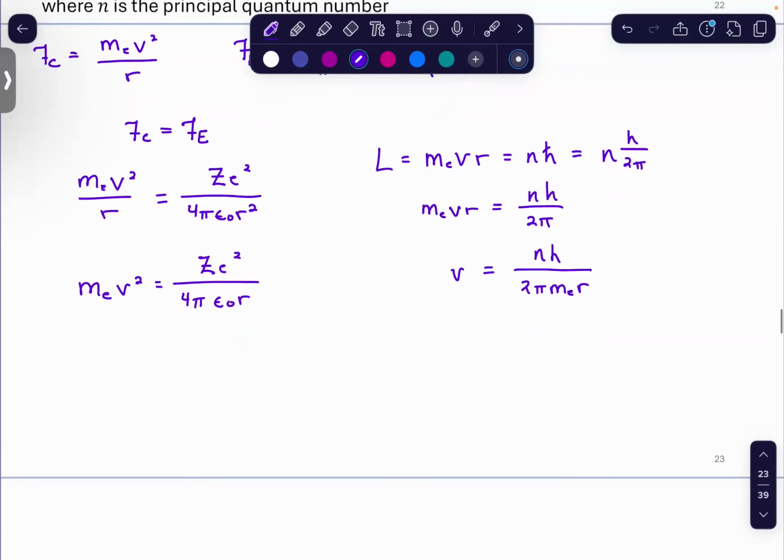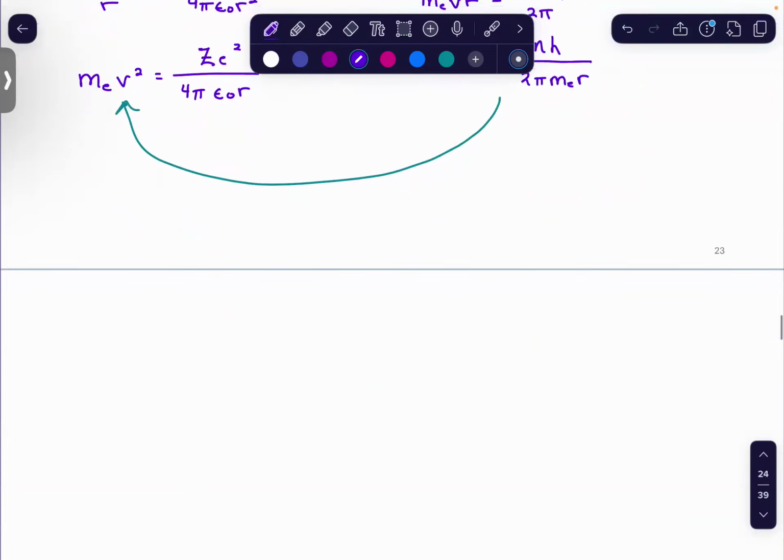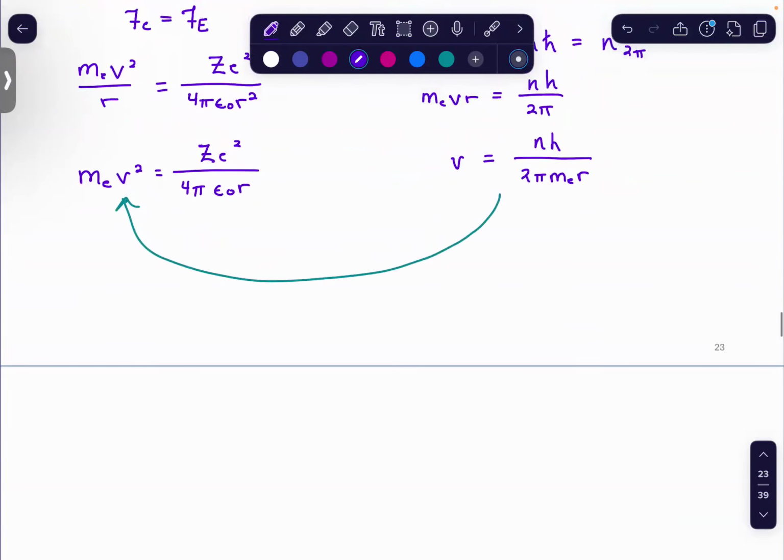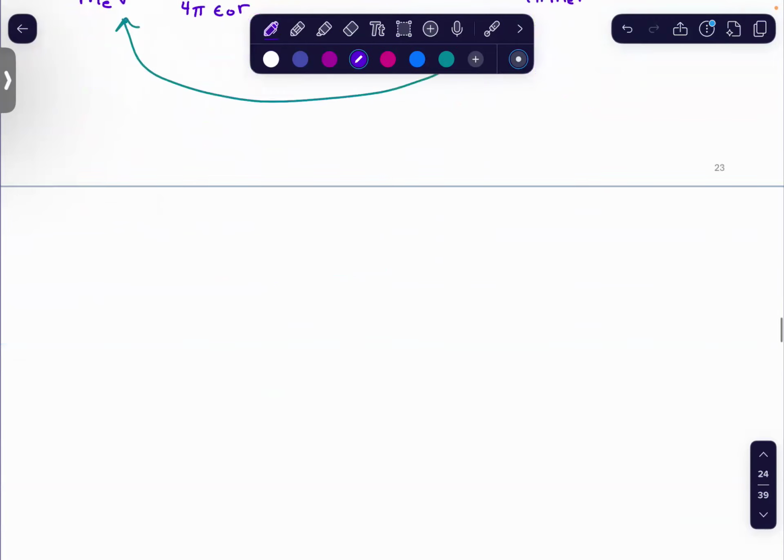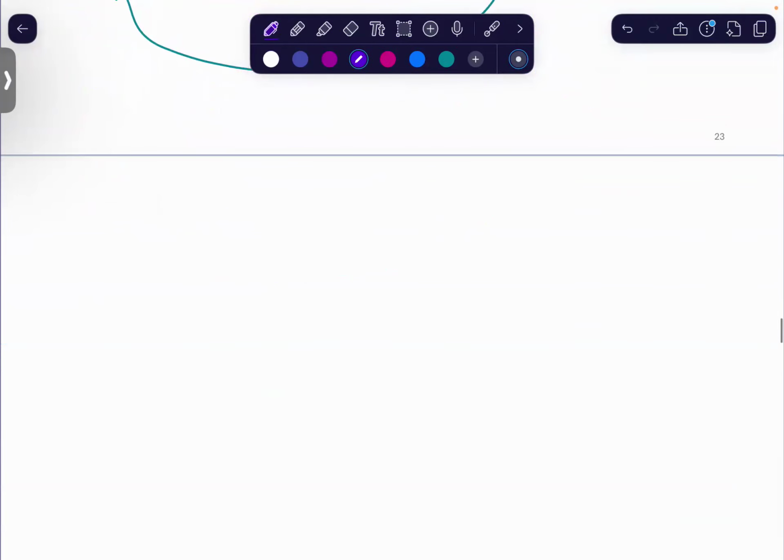Now, we are going to take this and substitute it into here. Mass of your electron, your v squared, n times h over 2 pi, mass of your electron times r, squared. It's going to be Z e squared over 4 pi epsilon 0 times r.